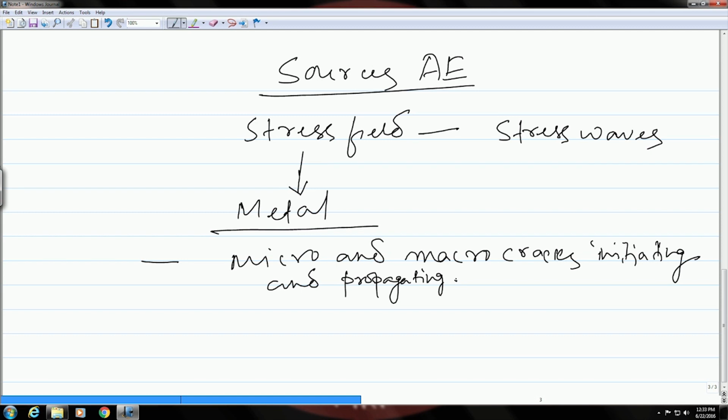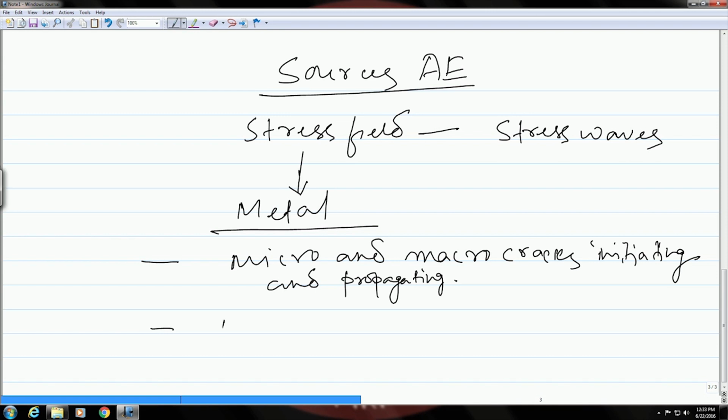So, initiation and propagation of cracks when a metallic system is loaded can generate a lot of acoustic emissions, a lot of these stress waves, and this will serve as a source.